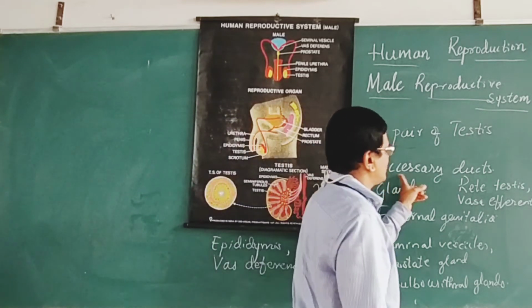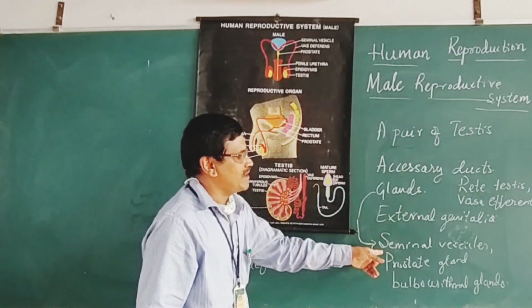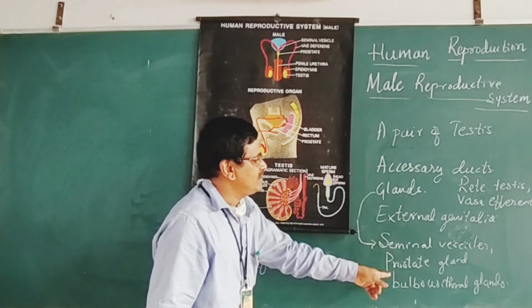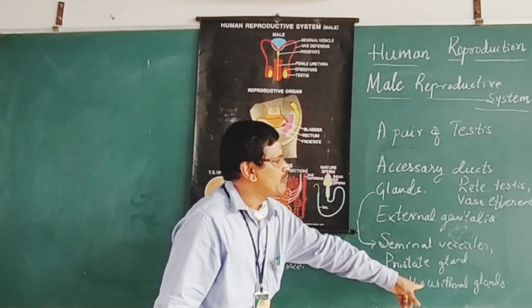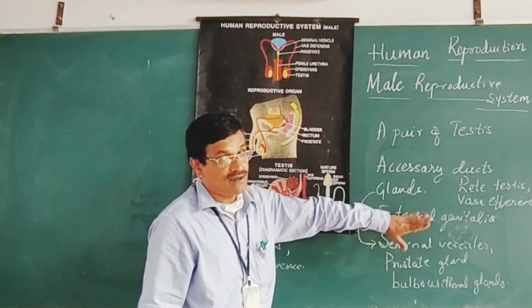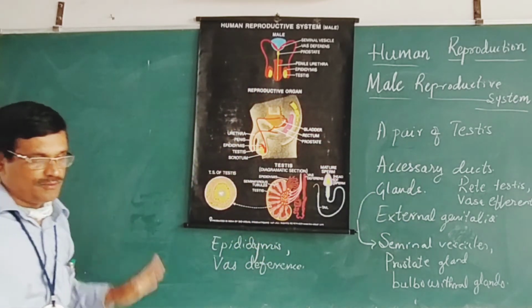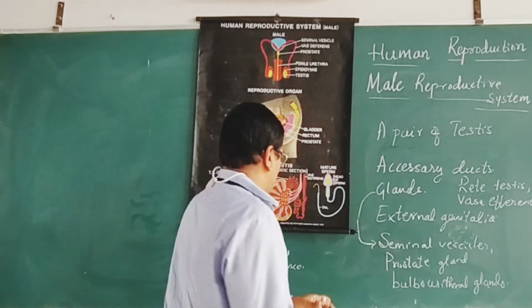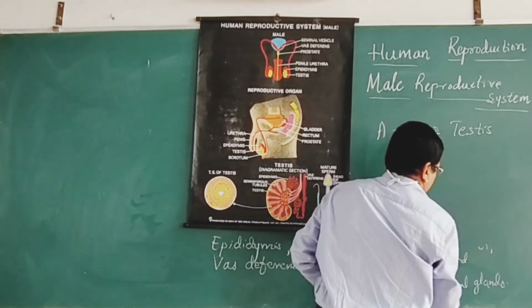Then the male accessory glands include seminal vesicles, prostate gland and bulbourethral gland, and the last one is the external genitalia. So these are the different parts of the human male reproductive system.